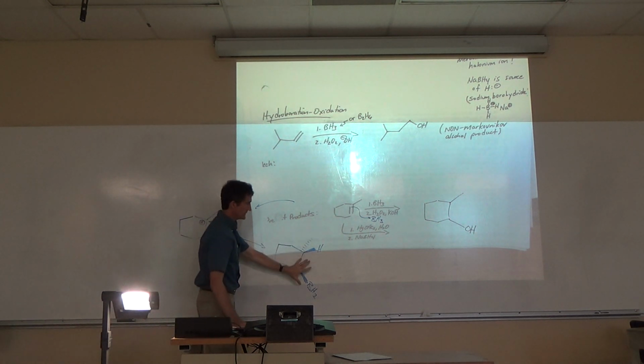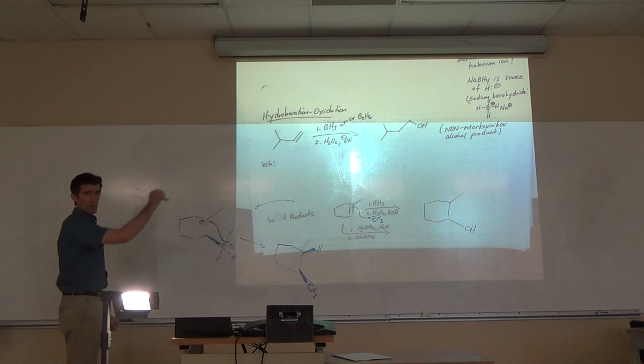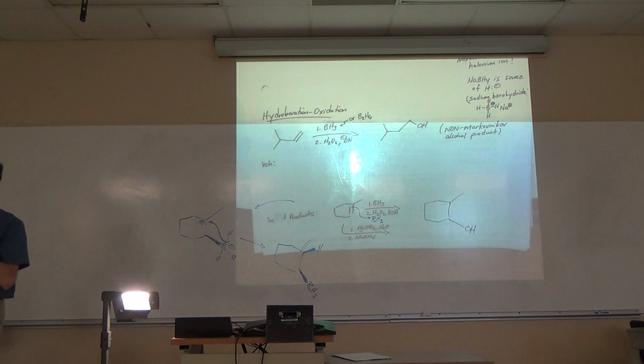Here you go. This is step one. Now, I didn't say this in our mechanism, but when you do the magic step, when you replace the boron with the OH, there is no change in stereochemistry.